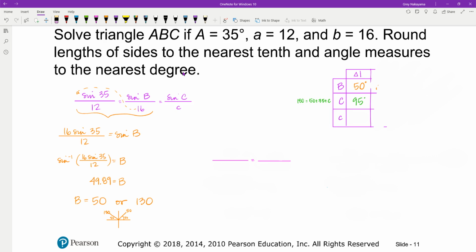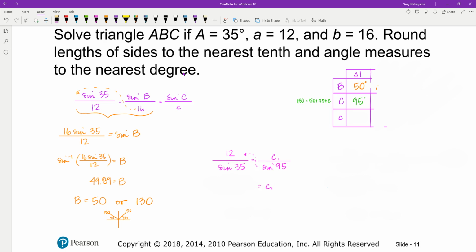So I'm going to make it 12 over the sine of 35 equals c sub 1, I put c sub 1 because it's the first triangle, over the sine of C, which was 95 in our case. I solve by multiplying both sides by the sine of 95.